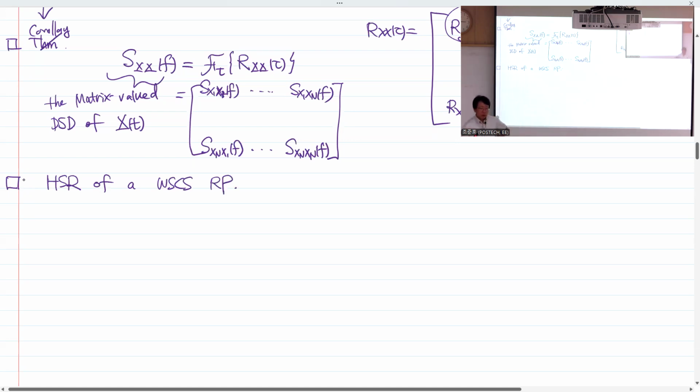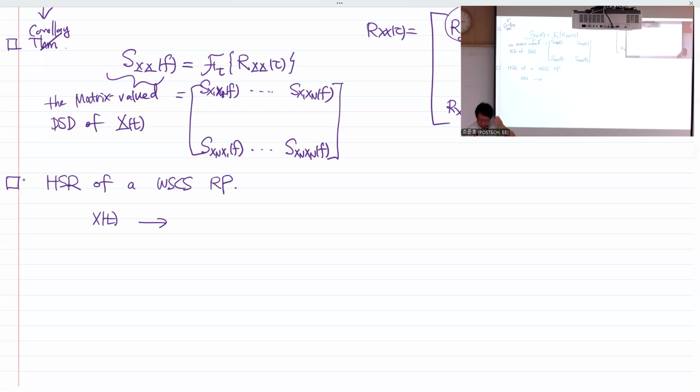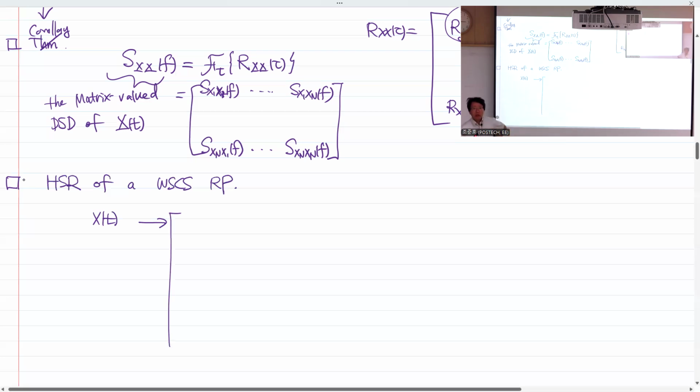Suppose you have a wide-sense cyclostationary random process x of t. And let me give you some result first. So here you have modulators.